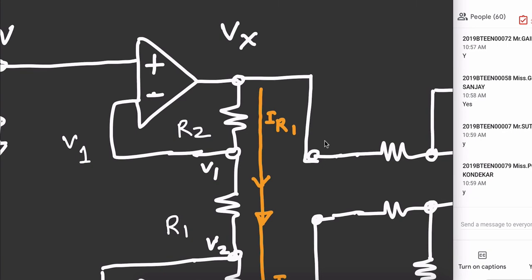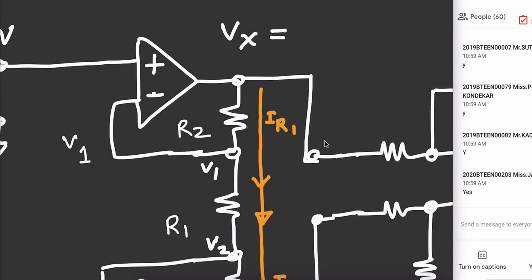Okay. So please write down the equation for this. Right now the voltage drop will be like this because the current is flowing from top to bottom. So Vx will be V1 plus IR1 into R2.